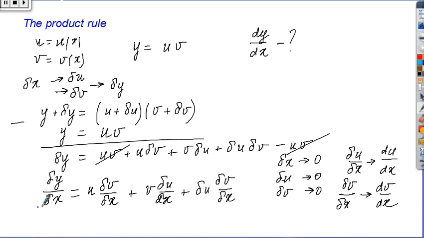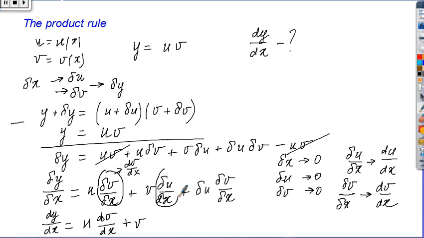So now, when delta x tends to 0, we're getting delta y by delta x is going to be dy by dx. This delta v by delta x tends to dv by dx. So we have u dv by dx plus v times du by dx.